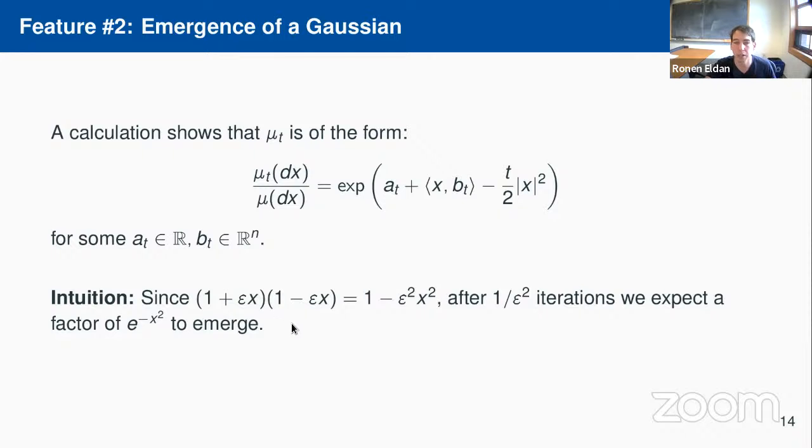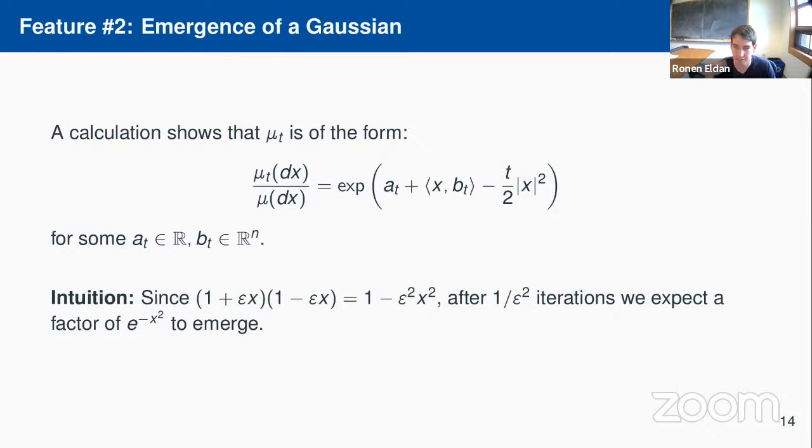So suppose we're in one dimension and we take some function and we multiply it by either the function 1 plus epsilon x for small epsilon, or the function 1 minus epsilon x. So we multiply it by a linear function with either a small positive slope or a small negative slope. Of course, by the law of large numbers, most of these multiplications will cancel out each other. Suppose that those plus and minuses are chosen according to independent Bernoulli random variables.